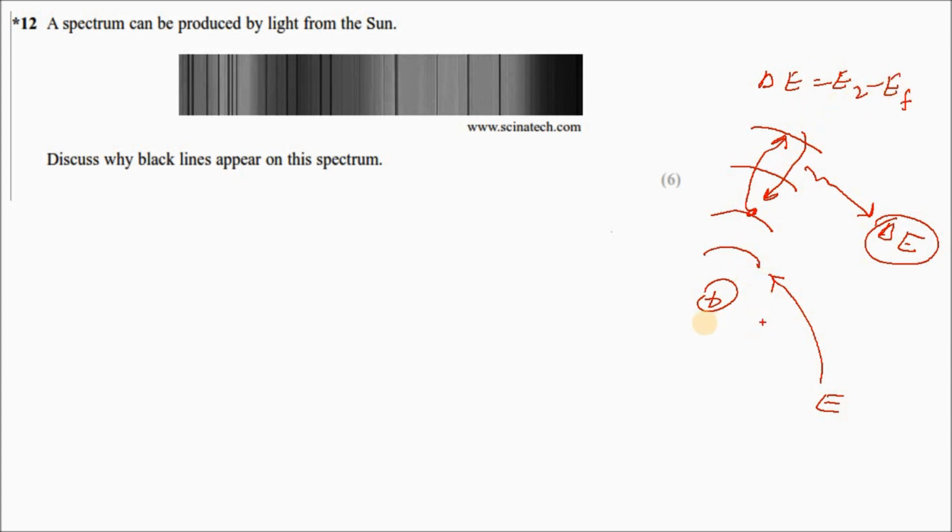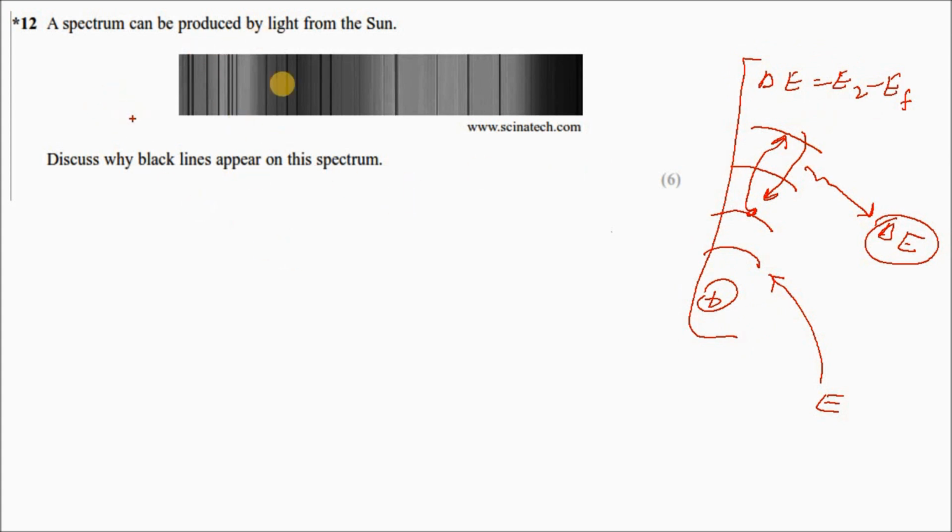And for every element we have a different size of energy level. That's what you can incorporate in this answer. So this is the general concept, and you apply this general concept and incorporate the condition.